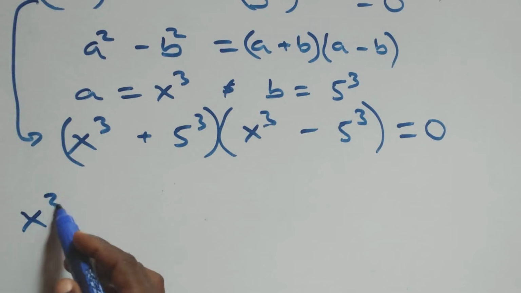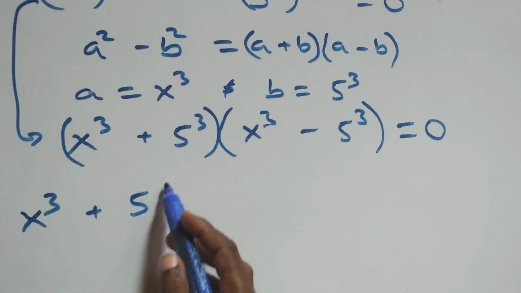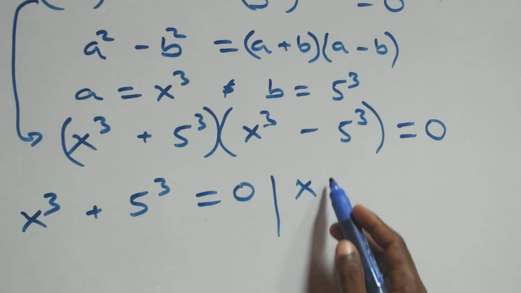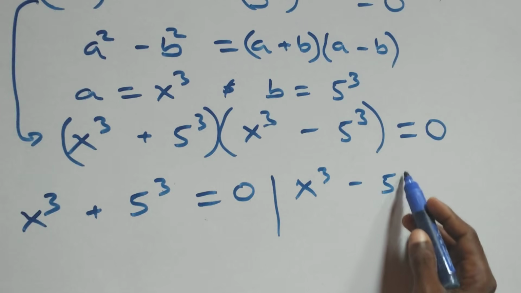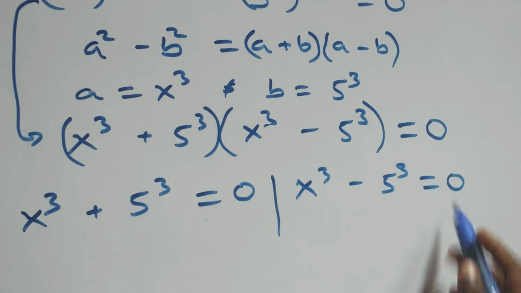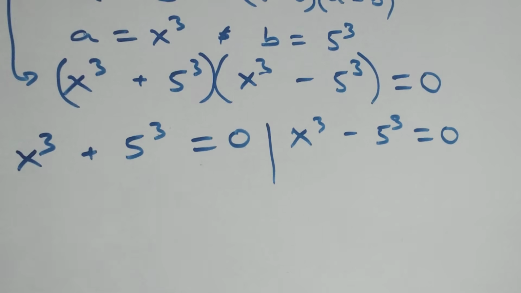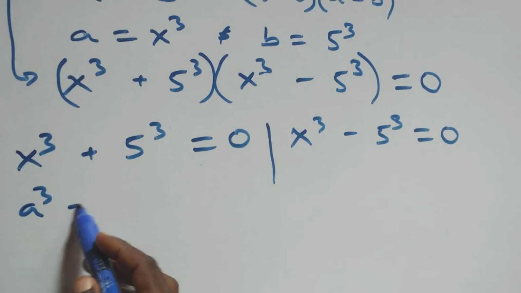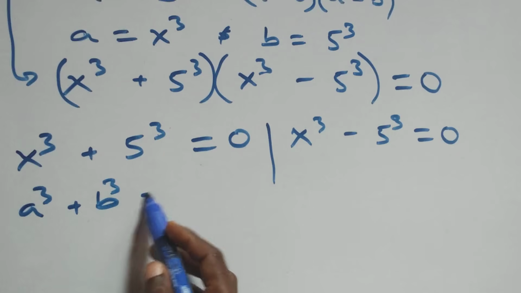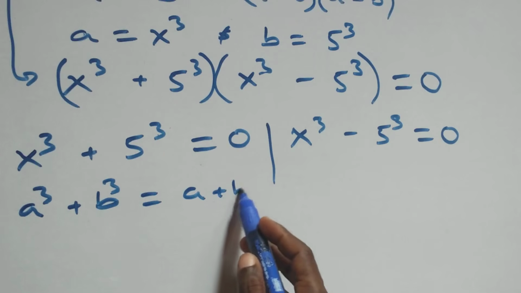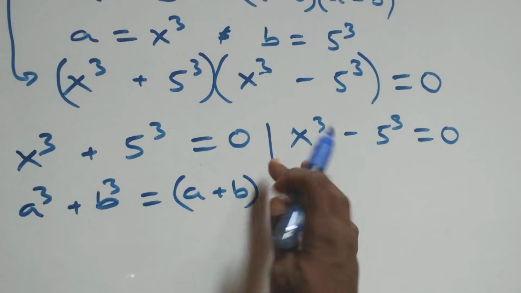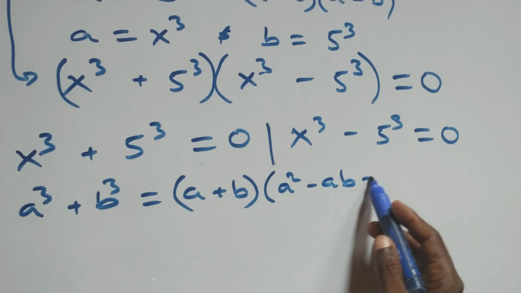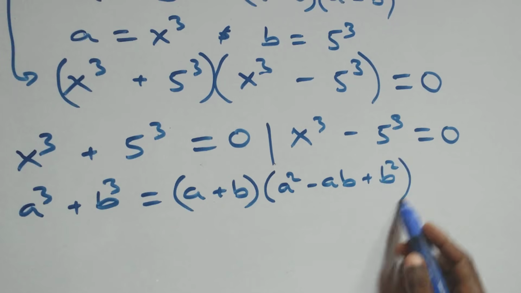First one, x raised to power 3 plus 5 raised to power 3 equals 0, or we have x raised to power 3 minus 5 raised to power 3 equals 0. Then solving this side, this follows when we have a raised to power 3 plus b raised to power 3, which is the same thing as (a plus b) times (a squared minus ab plus b squared).